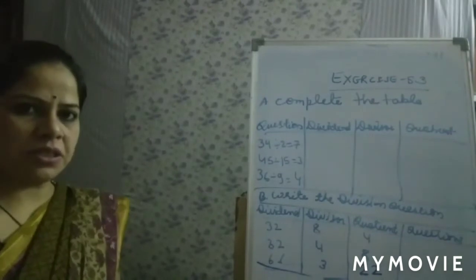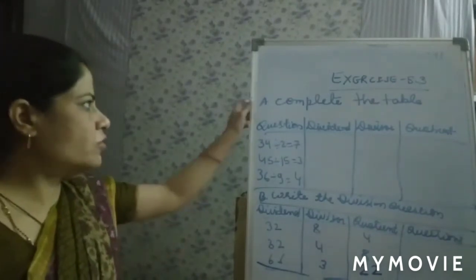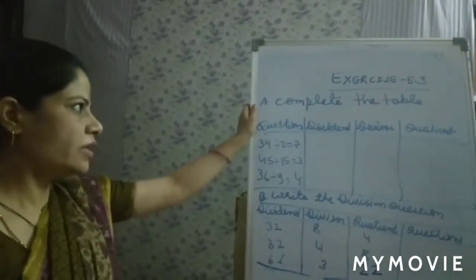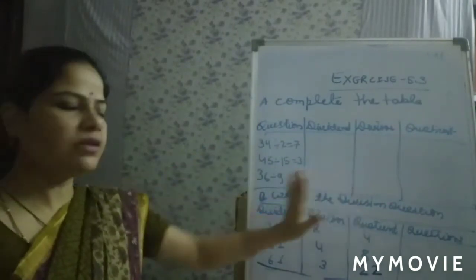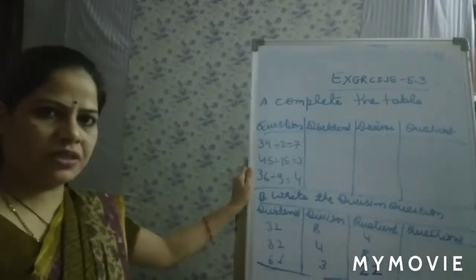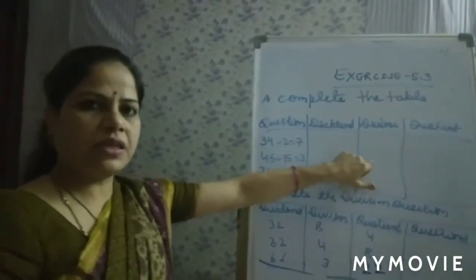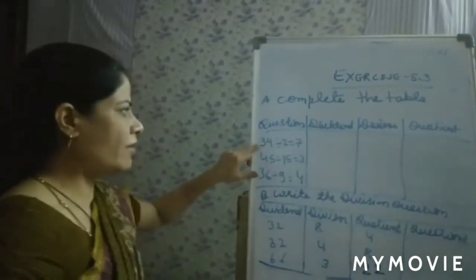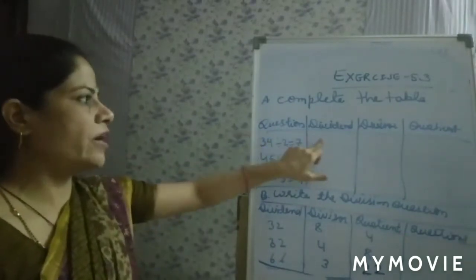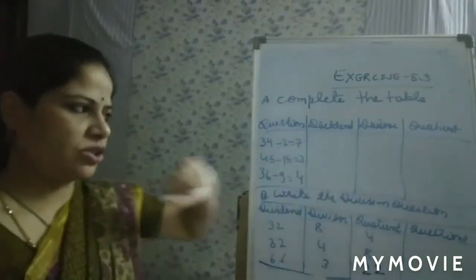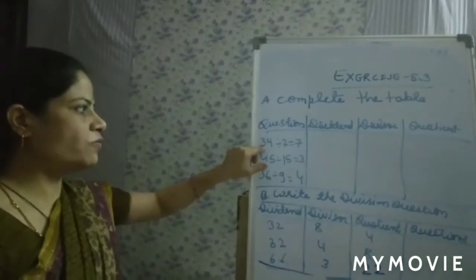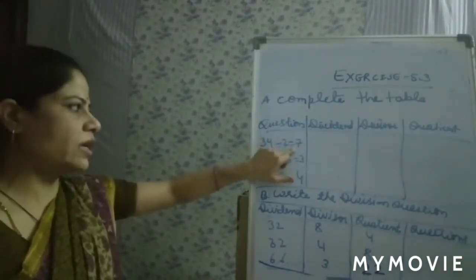Now let's start exercise 5.3. You have to complete the table. In this table 4 columns are given. In the first column the question is written, then in the second column you have to write dividend, then divisor and quotient. So you have to look at the question and find out dividend, divisor and quotient. The first question is 34 divided by 2 equals 7.